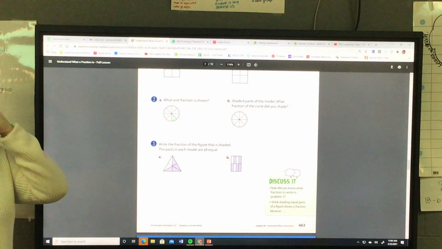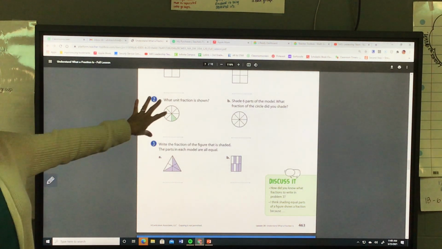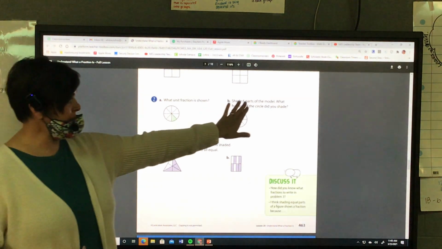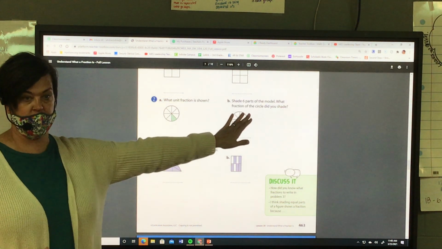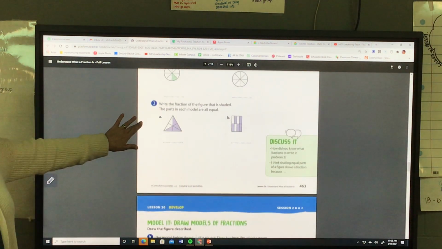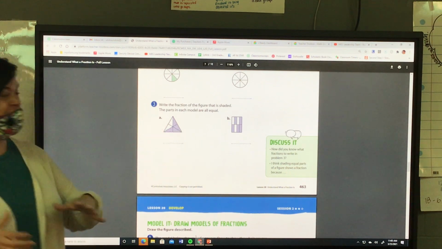Pencils down for just a moment, eyes looking at the board. Okay, so you're going to write the fraction for what they shaded. You're going to have to shade in a certain number, and then you're going to write the fraction for it. You are also going to write the fraction of what is shaded.